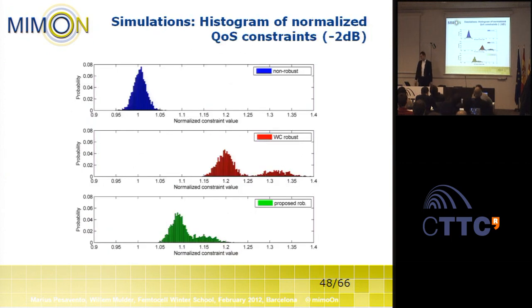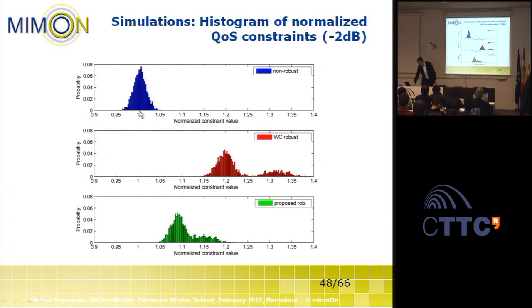So finally, let us take a look at the histogram of the constraint qualifications, or let's say the histogram of the normalized constraints. Normalized means in this setup, we've plotted here the probability for different channel realizations and mismatch realizations.